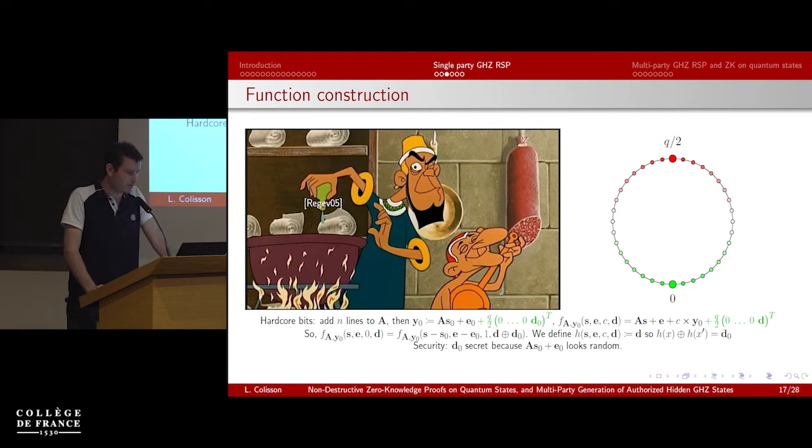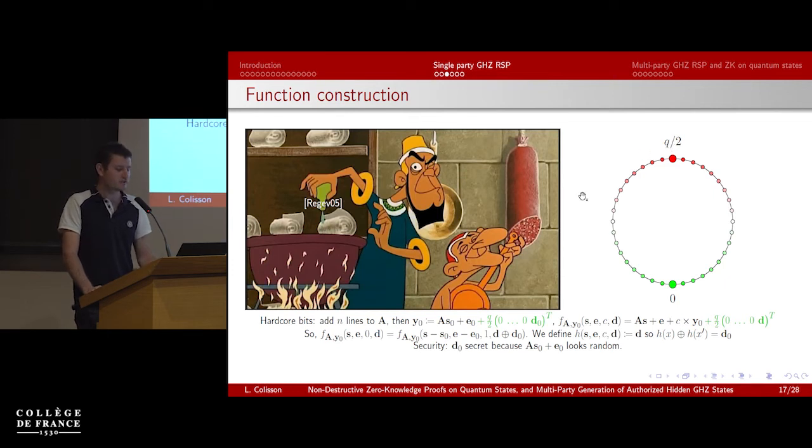The next goal is to make sure that we can encode this string D0 inside our function. There is the paper by Regev, which tries to encode a qubit by adding noise. If you want to encode 0, you do not add any noise, and when you want to encode a 1, you add the highest noise you can imagine in this modulo ring, which is Q over 2.